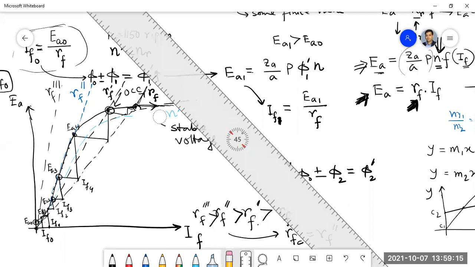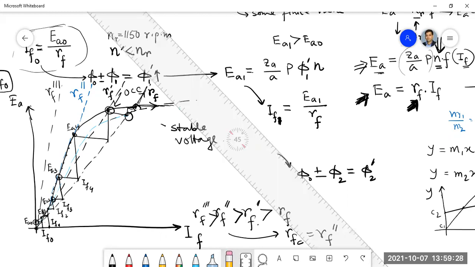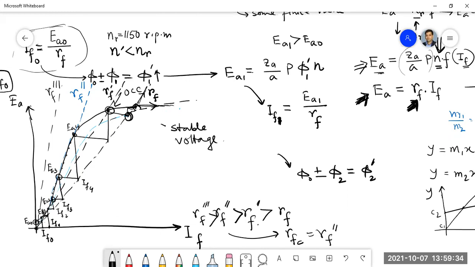Do you understand? Okay, so the saturation will not change. So the point of interception will be here. The point of interception will be this, because it has changed to this value.